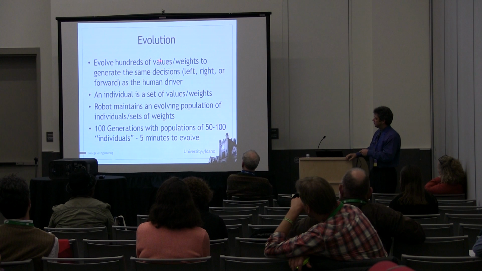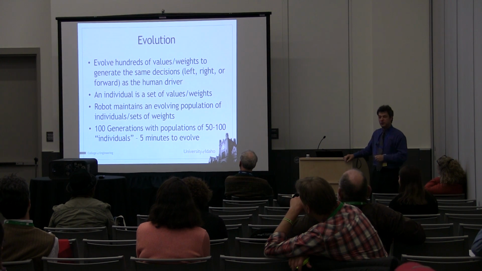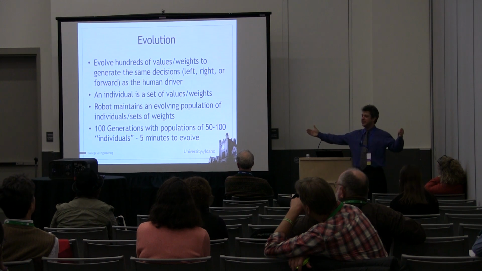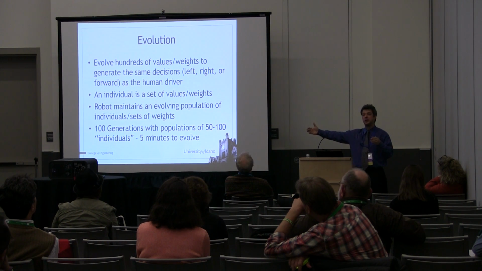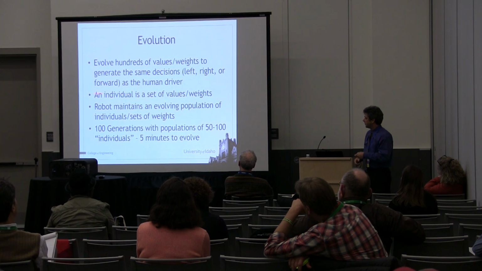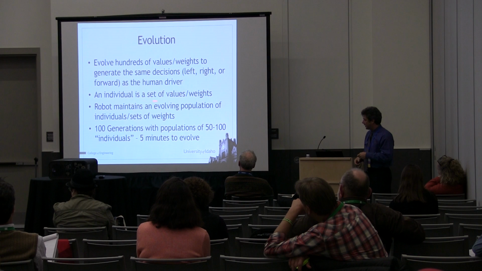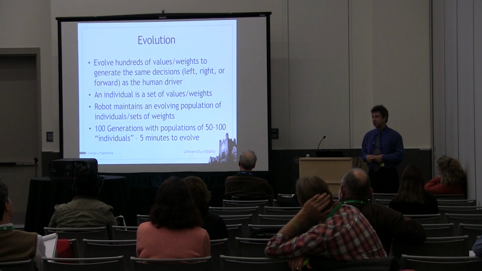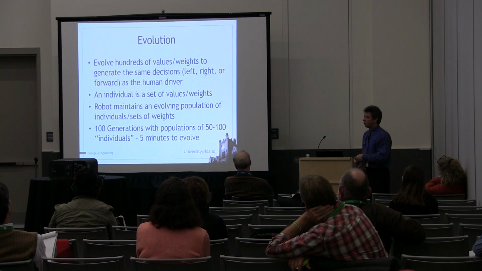So as I say, we have to sort of evolve these values, and again, a very bad analogy, but you can sort of think of it as the DNA. It's just a list of numbers, and we want to sort of get the right values in those numbers through this evolutionary process. So that's the set of values, and then the robot itself maintains the population on board, and so it keeps going through and trying out different sets of numbers, and it actually happens while the person is driving.